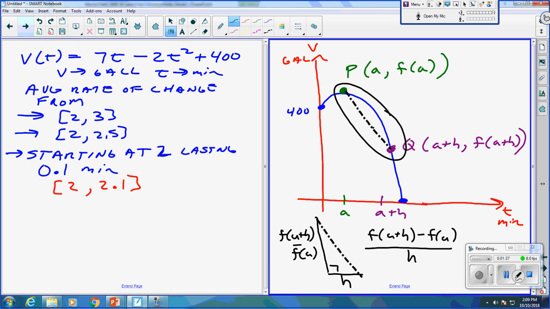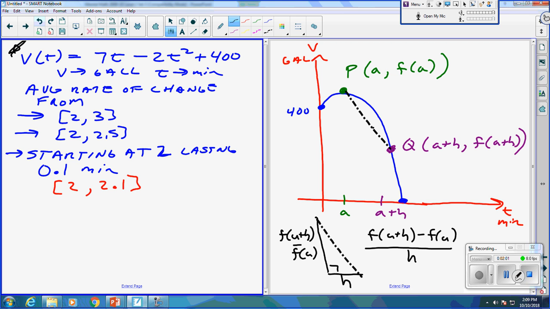That is the average rate of change between P and Q. If you make the rise over run of it down here, the little triangle, it becomes this formula, which we should recognize. And this is not a derivative because we're not taking the limit, because there is an actual h in these.